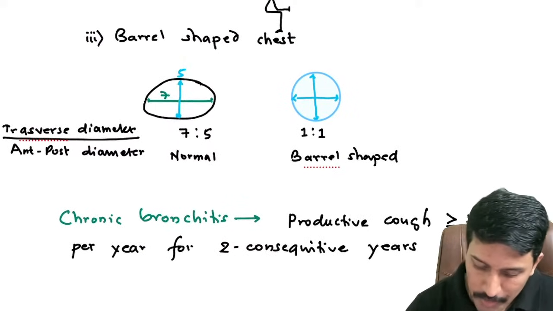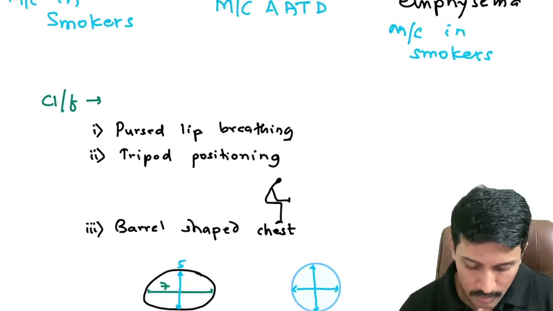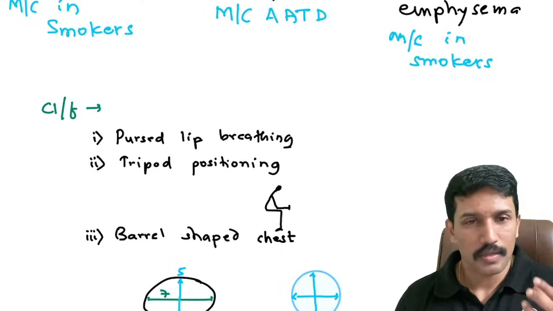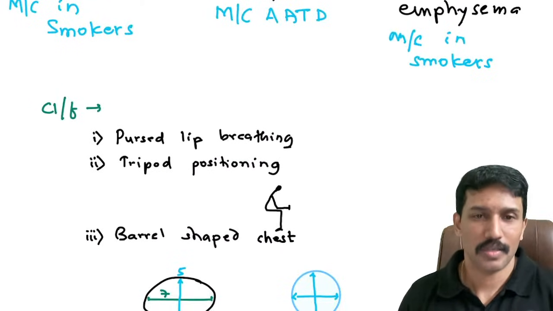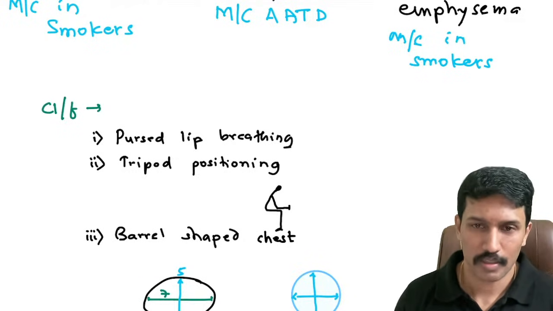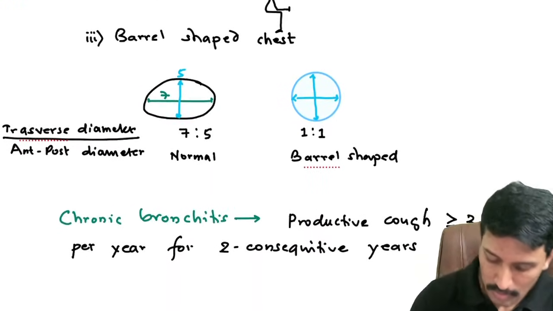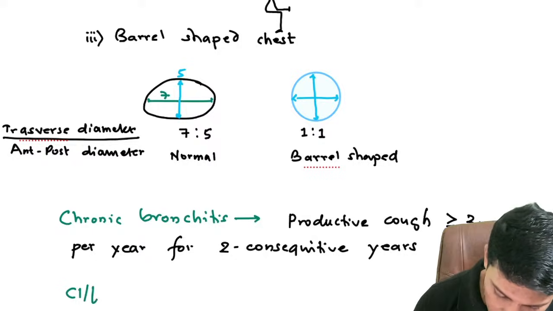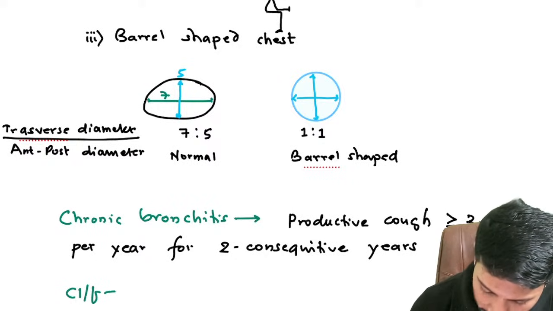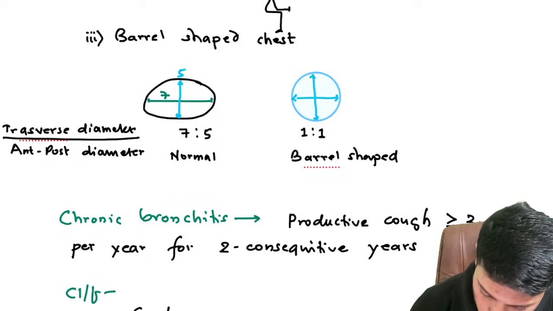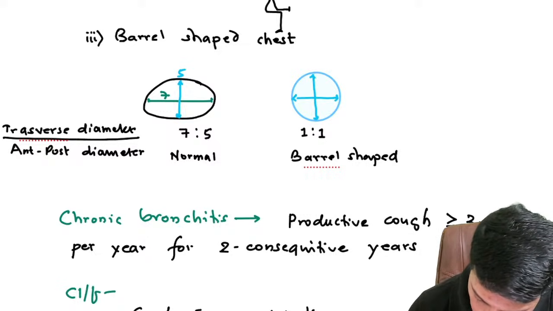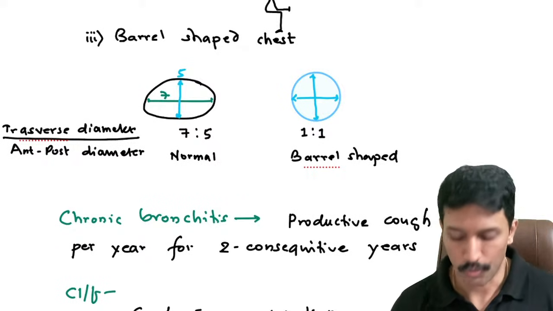Now what symptoms are these patients going to present with? In terms of clinical features, emphysema patients present with pursed lip breathing, tripod positioning and barrel-shaped chest. These patients' main presenting complaint will be cough with expectoration, or sputum production. Okay.